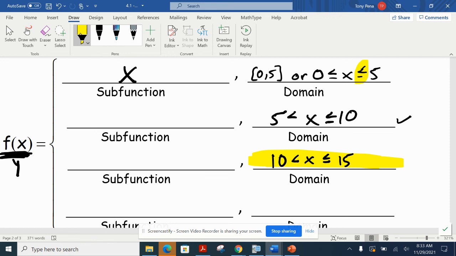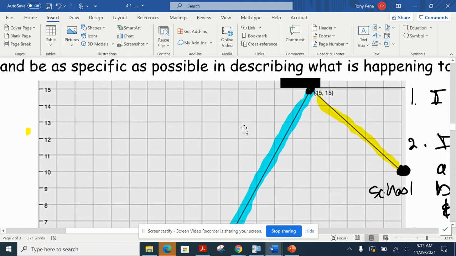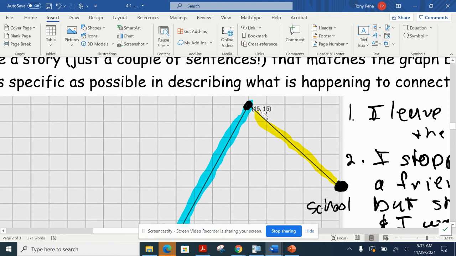So real quick again, do the domain for that fourth sub function. Let's see if we've got that down pat. So now what time interval did that fourth one start and end at? So again, that is now this fourth yellow one here to here.